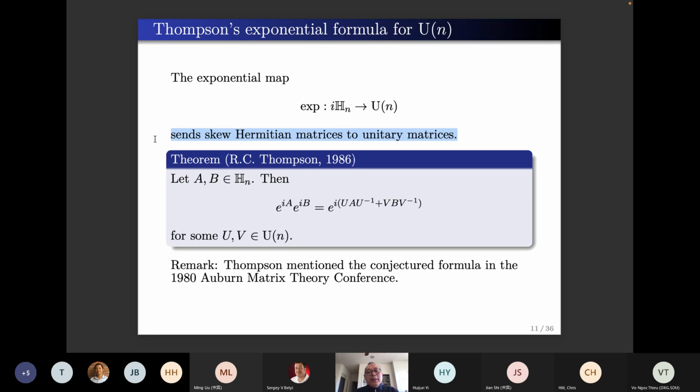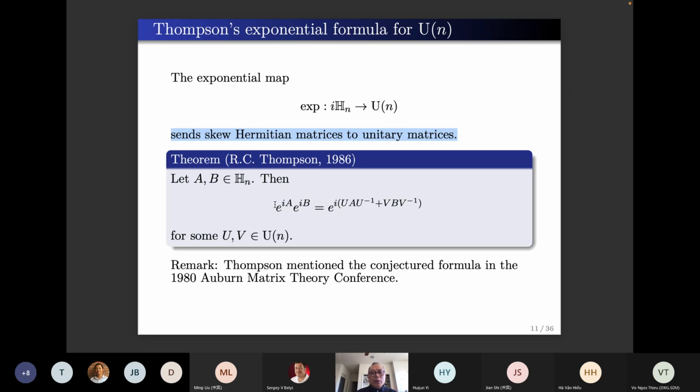And back in 1986, Bob Thompson proved the following theorem. I should say not proof, but conjecture. He mentioned this conjecture in the 1980 Auburn Matrix Theory Conference. So in 1980. And then he proved it in 1986.